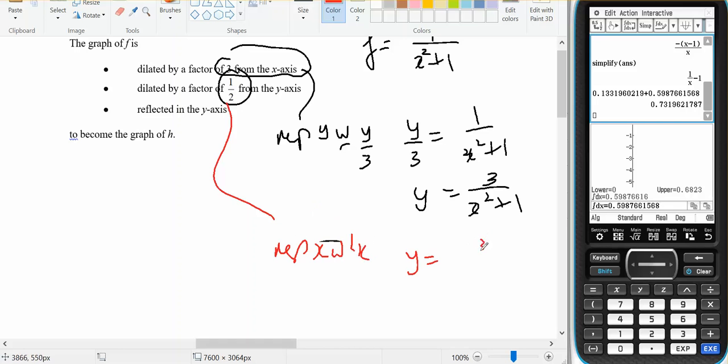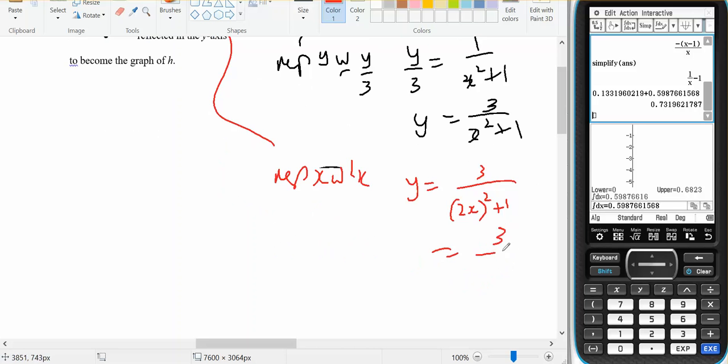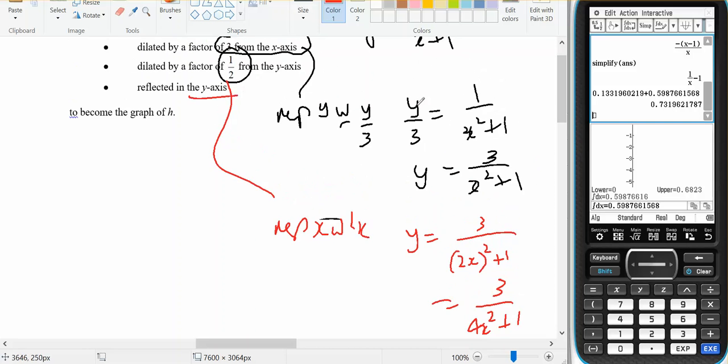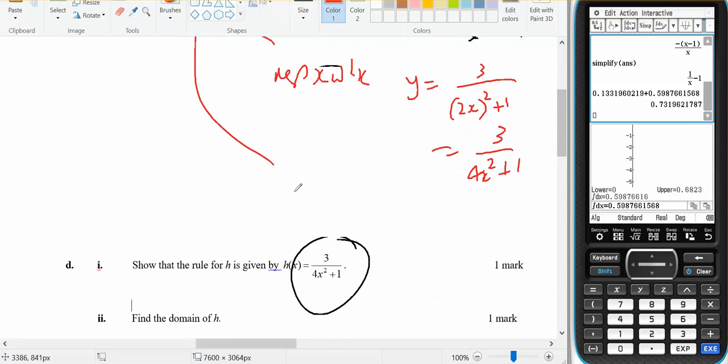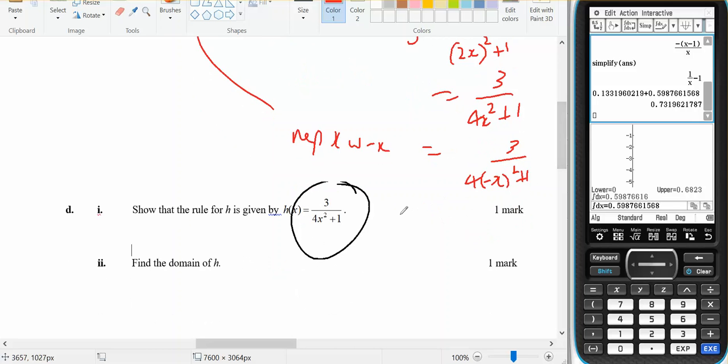So y equals 3 on top of 2x squared plus 1, which is 3 on top of 4x squared plus 1. And you reflect over the y-axis. You replace x with minus x, which is 3 on top of 4 times minus x squared plus 1, which equals 3 on top of 4x squared plus 1, and that's what we've shown it to be.